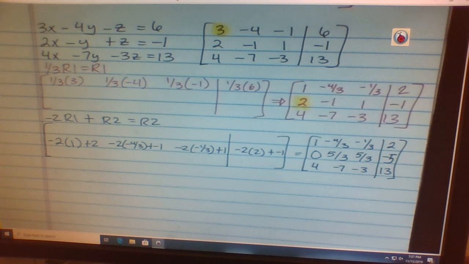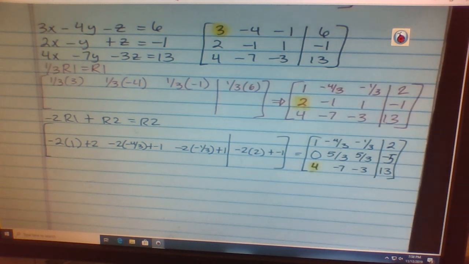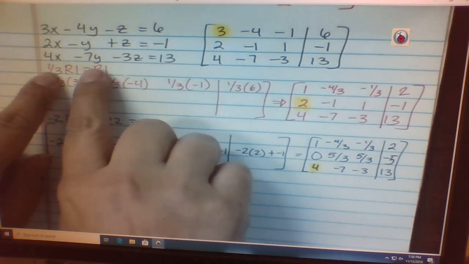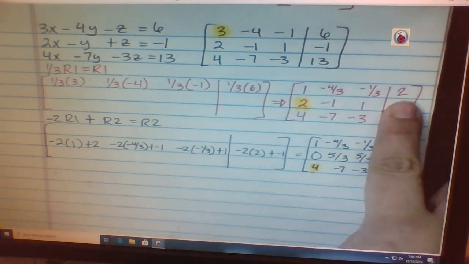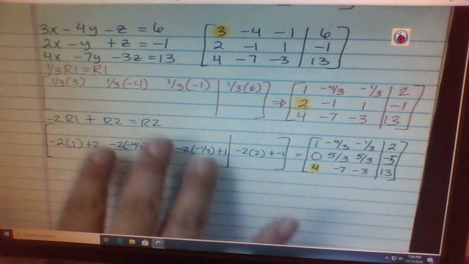So now you make who a 0? The 4. So write down your little statements. Now, by the way, on your test, you could go from here, give me this, and go straight to this. If you feel like I don't need to be showing this work, you could just go.